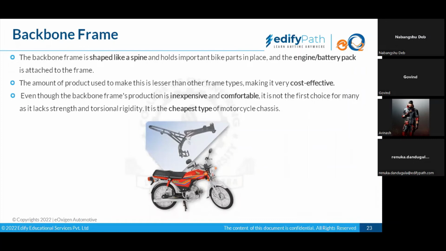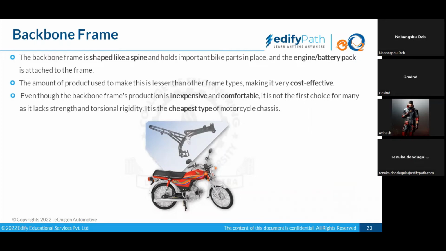The amount of material used to make this is less than other frame types, making it very cost effective. As you can see compared to the double cradle frame, very little material has been used, so it is more cost effective than the double cradle frame we saw in the last slide.